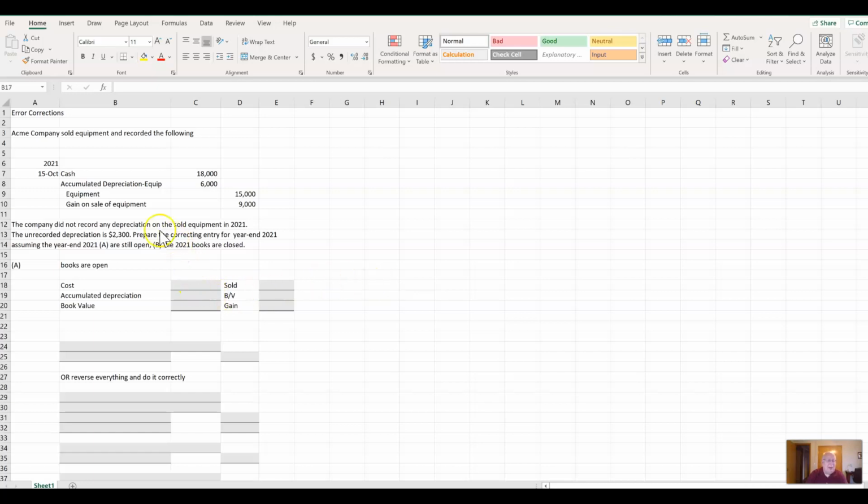Okay, so if the books are still open, what we should have had is the cost was $15,000. That was the cost of the equipment. Accumulated depreciation was the $6,000 plus the $2,300, which would give you $8,300. So the book value then was $6,700.